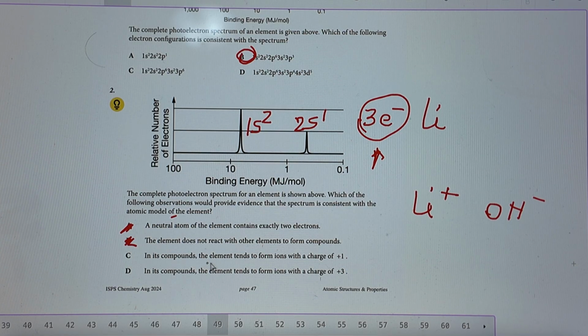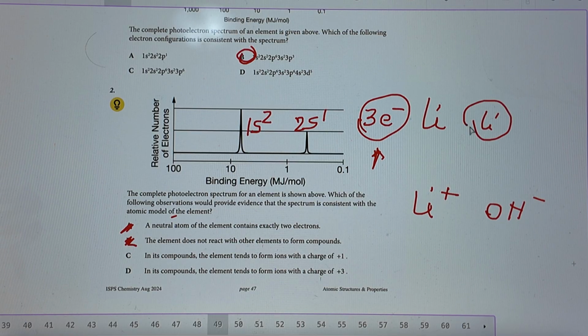And so in its compounds, the element tends to form ions with a charge of +1. We just saw that here, Li plus 1. And we know that because it's 1 electron short of filling its shell. So Li's Bohr model, as you guys would know, would be, the first shell would have 2, and then the next shell would have 1, and it would be itching to get rid of this 1, so it can have an octet, a full ring.